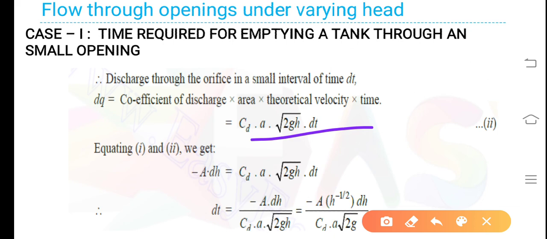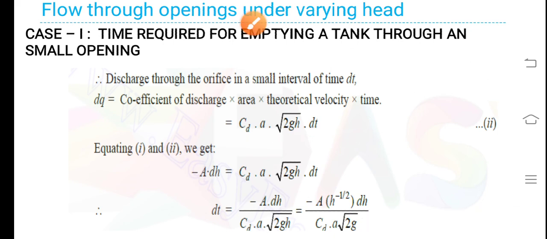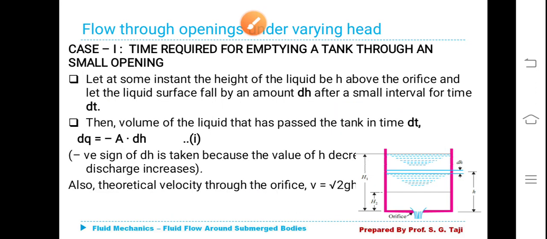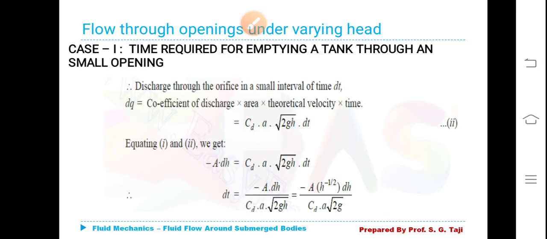Equating 1 and 2, we get minus A dh. How did we get this?